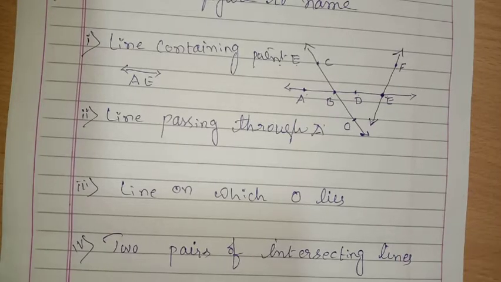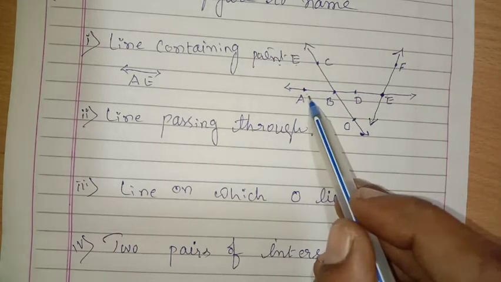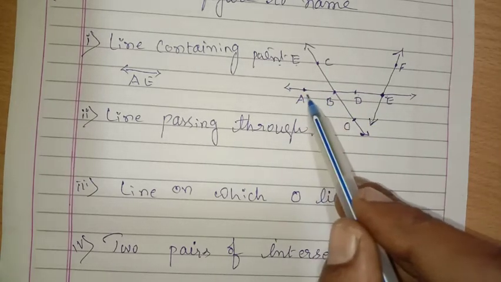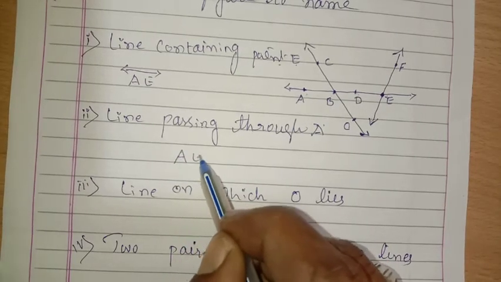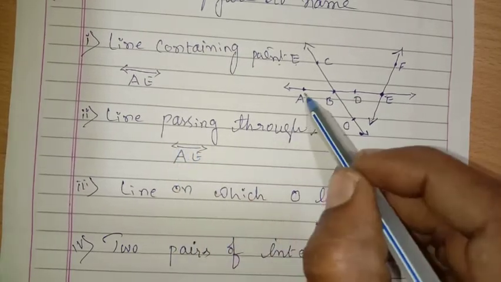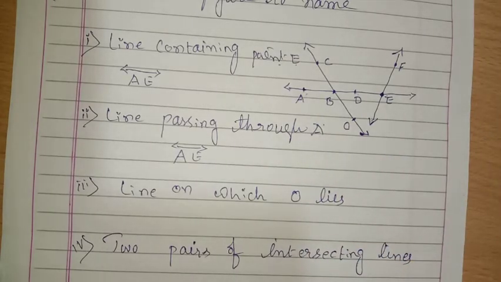So second one is line passing through A. So the answer is, line passing through A means line AE. Line AE. A is passing through line AE.